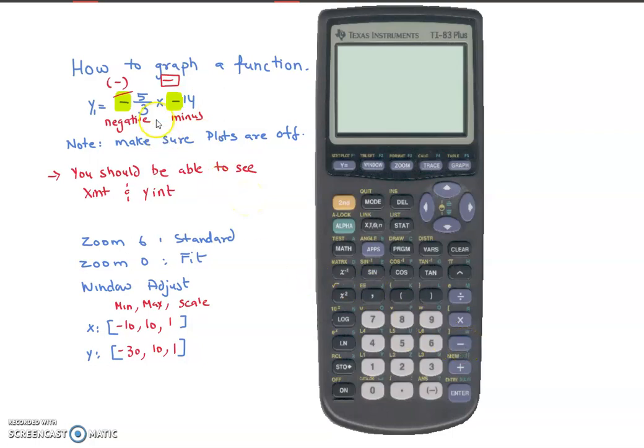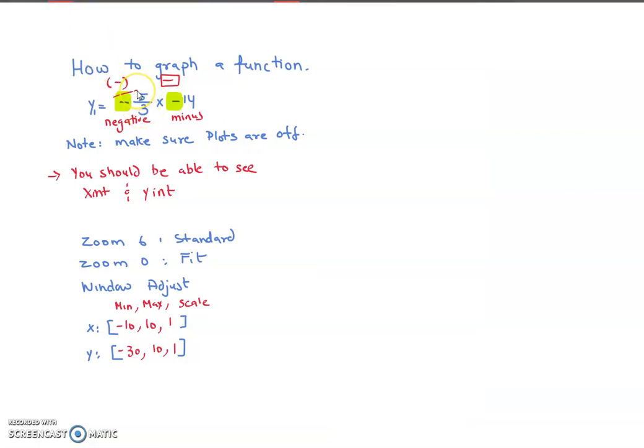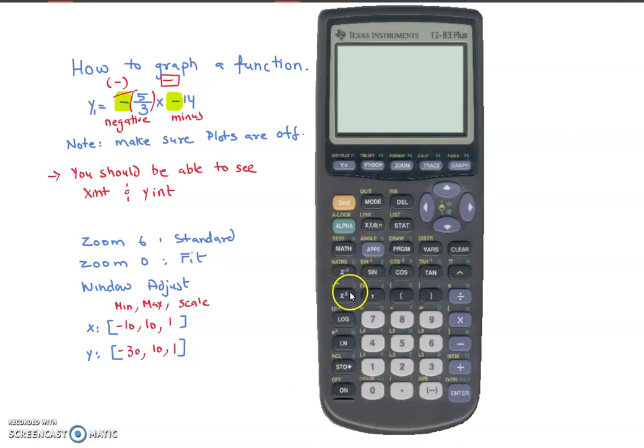Another thing we need to be careful about is when we're dealing with fractions. In a graphing calculator, we need to make sure that it's entered in a bracket. So this is how we're going to go under again.